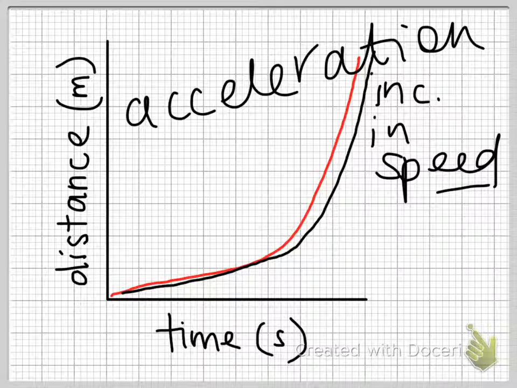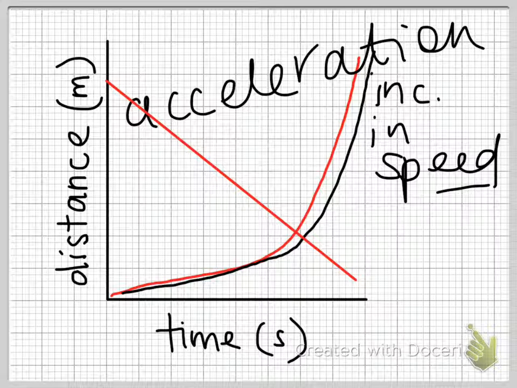Now, of course, we've just looked at objects travelling at a constant speed, but if you see that the graph of an object has a line that is downward sloping, this is still constant, but it's showing a constant decrease over time, a decrease in distance over time. This shows you that the speed of the car is decreasing.